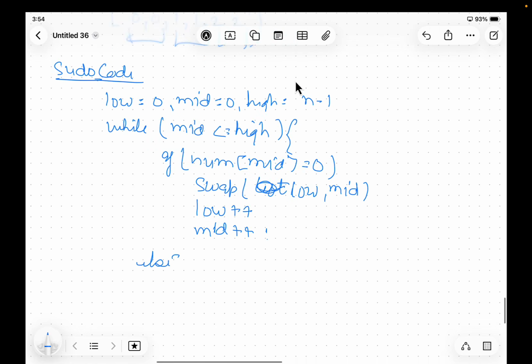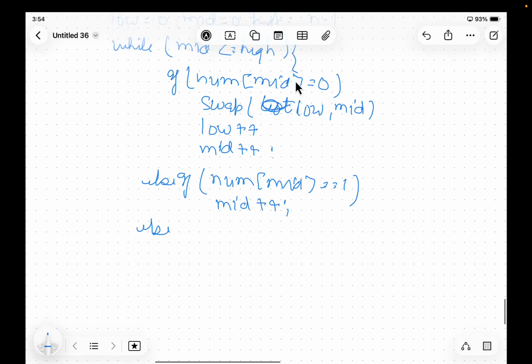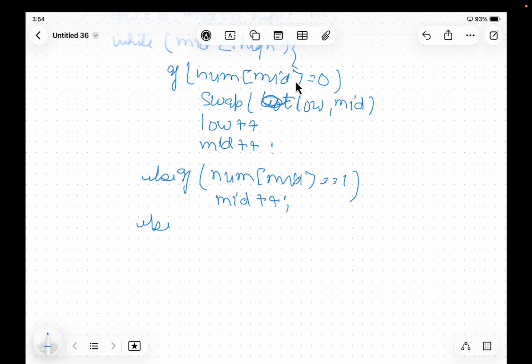Otherwise, else if nums of mid equal to 1, what are we going to do? We are not going to do any swapping. We are going to simply increment mid plus plus. Else, in the last condition, when it is 2, I am going to swap high, comma, mid, and reduce the high, high minus minus.